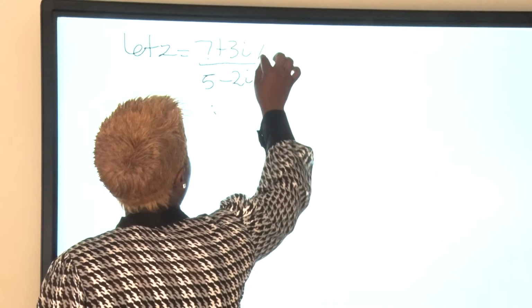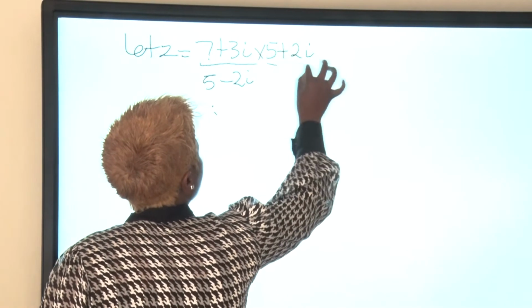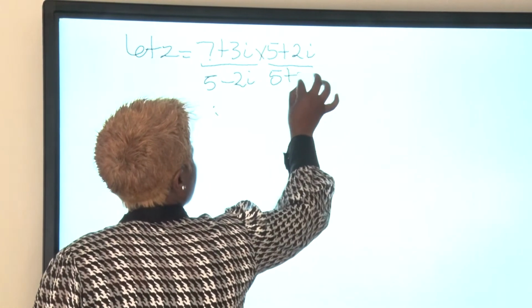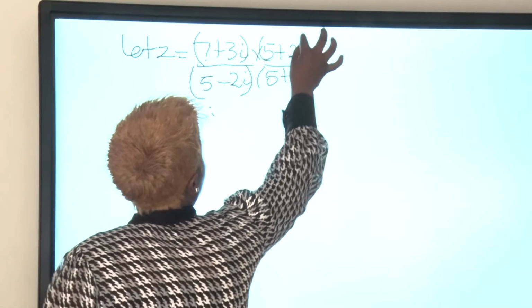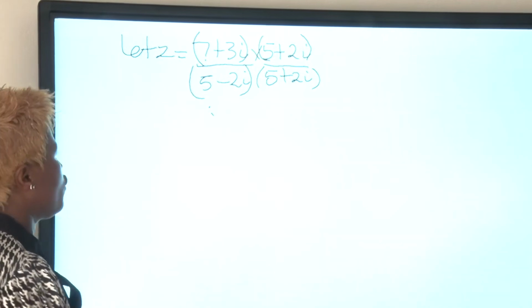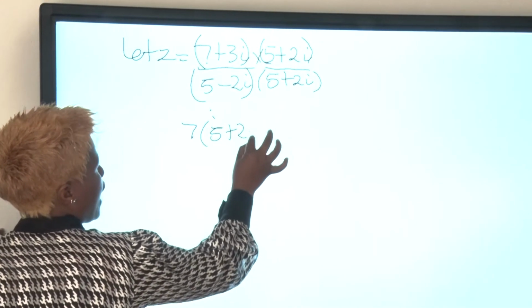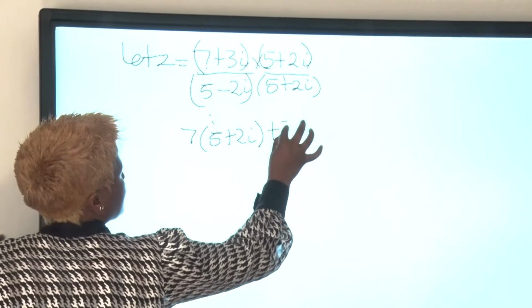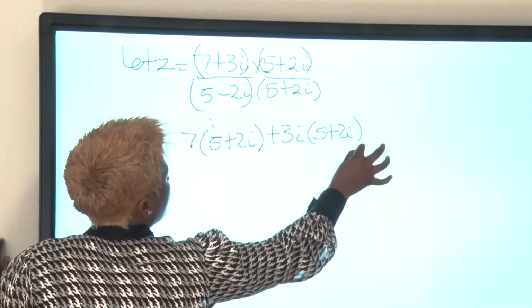So I'll multiply both the denominator and the numerator with the conjugate. Here we do expansion of brackets, which is 7 bracket 5 plus 2i plus 3i bracket 5 plus 2i.